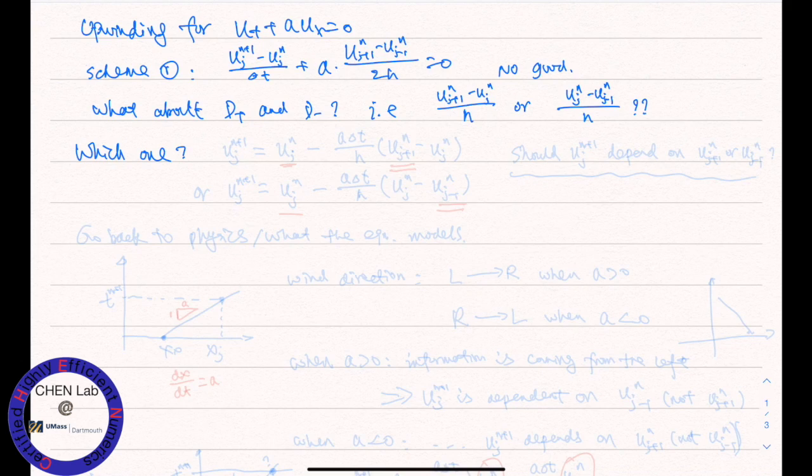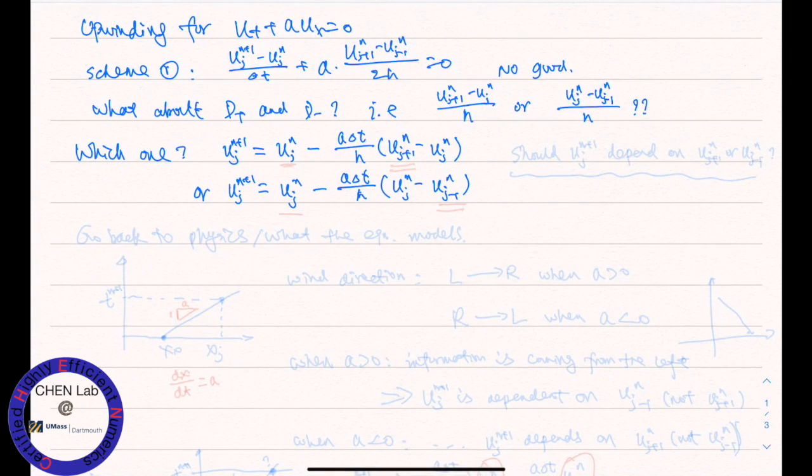If we write the scheme down in terms of u_j^{n+1}, that is u_j^{n+1} = u_j^n - a Δt/h (u_{j+1}^n - u_j^n), or u_j^{n+1} = u_j^n - a Δt/h (u_j^n - u_{j-1}^n).